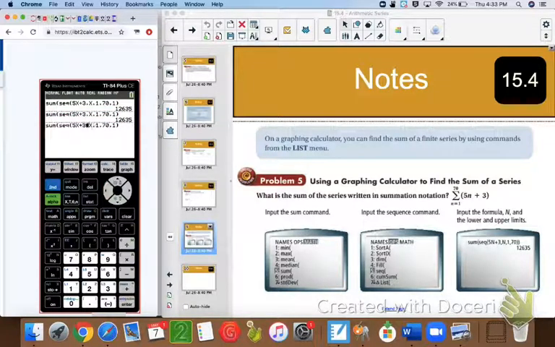Okay, so if we did like x to the second from 1 to 7, that's going to be huge, but let's try it. Just kidding, it's not that big. Well, bigger than the other one, but if you want to do an x squared, you would just change that to x squared, and that would work for that. Okay, and that is all for arithmetic series.